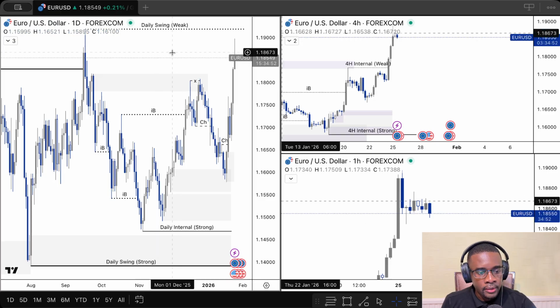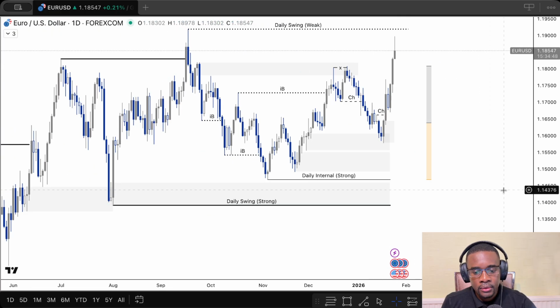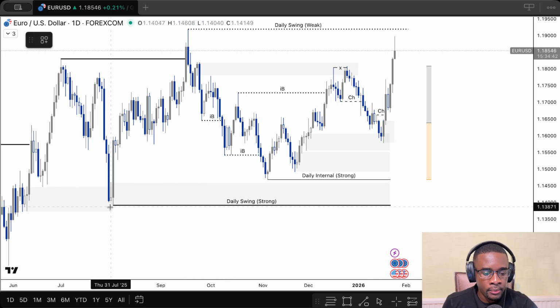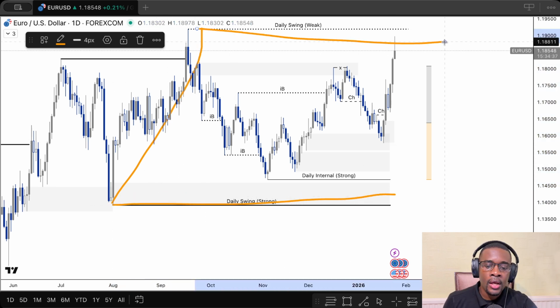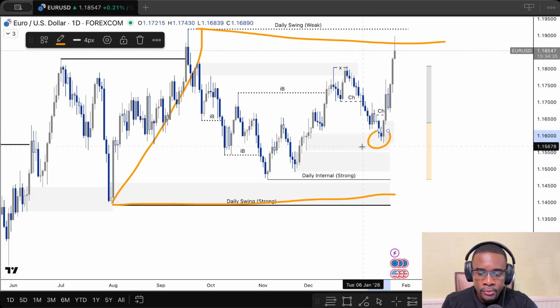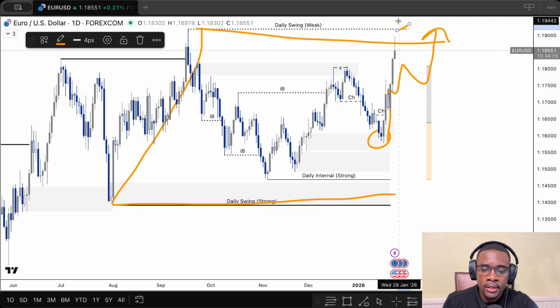Looking at the daily on Euro USD, the uptrend that I was speaking about, I would say that the daily swing is bullish. This was the swing range, and after price mitigated this, I was saying it's highly likely that price would now be targeting this week's daily swing high.